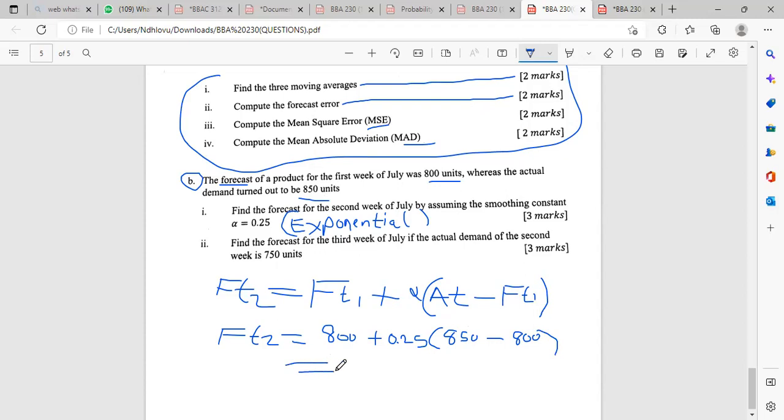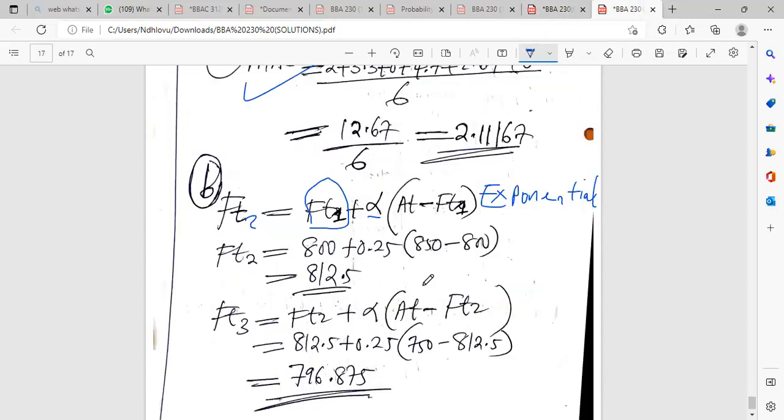So the forecast for the second week will be 812.5. I'm sure it's clear unless otherwise.